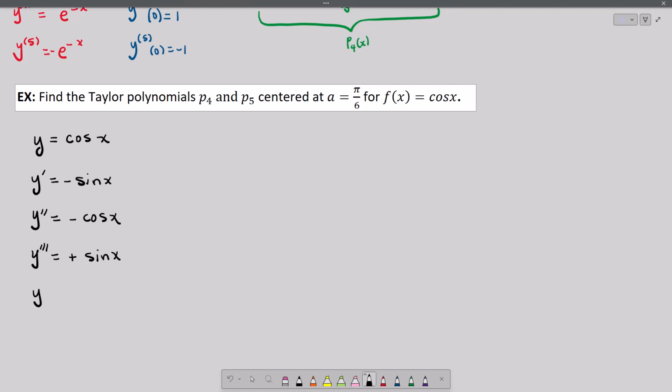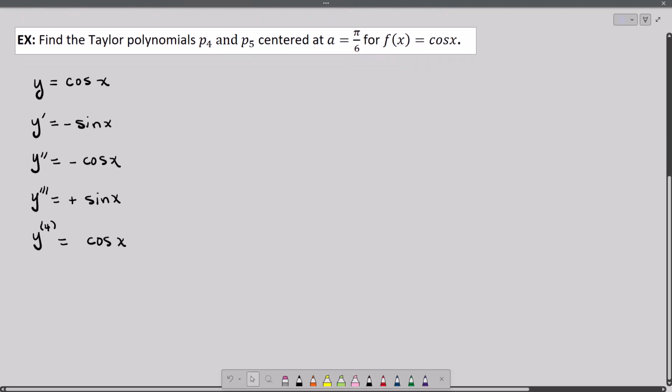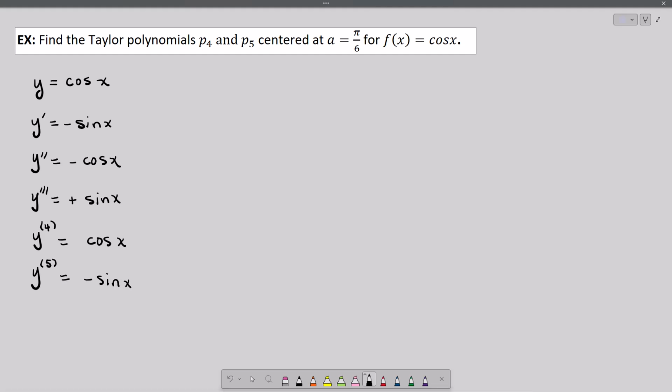And then the fourth derivative, we start cycling. So we're back to the original function after we take 4 derivatives. And then the fifth derivative will be negative sine x. So that's where we start. We create a column of the function and its derivatives. And then the next step is to evaluate the function and its derivatives at whatever the center is.